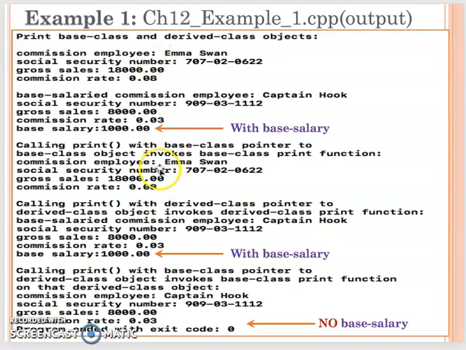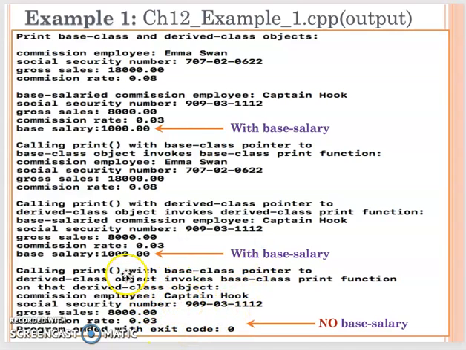When you have your pointer to refer to the object, they also still print correctly. Like the child class, not only do we have the commission rate and the gross sales, we also have the base salary. The second one, when we use the child class pointer to invoke the child class print, the base salary also displays.